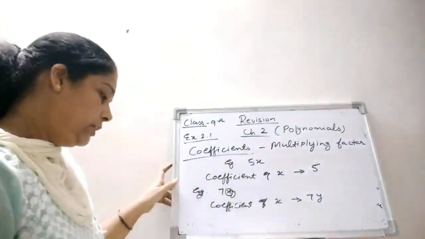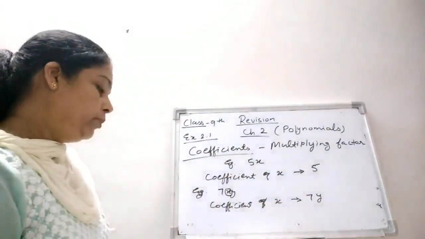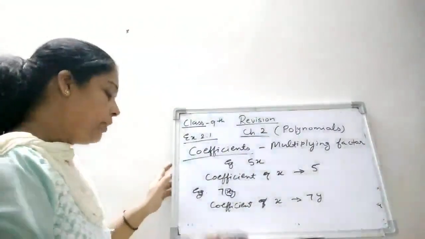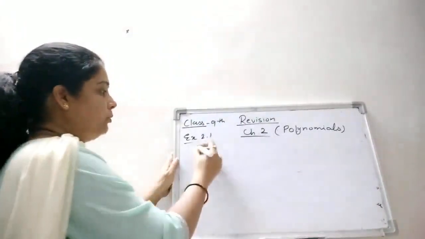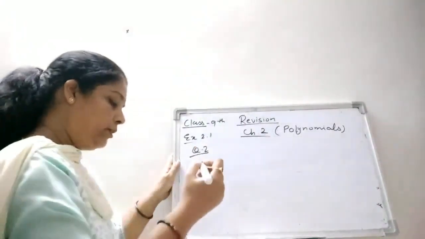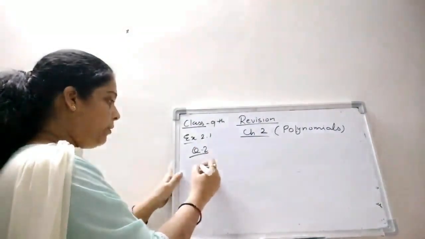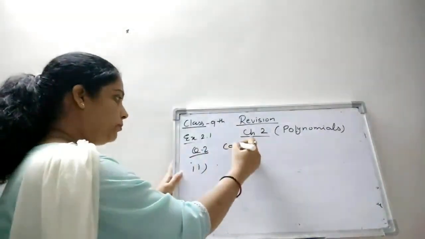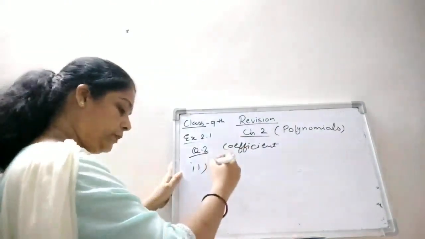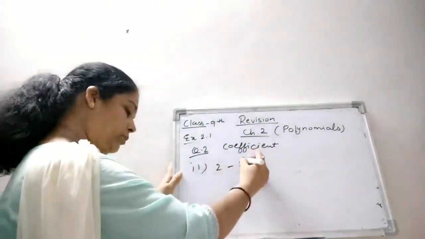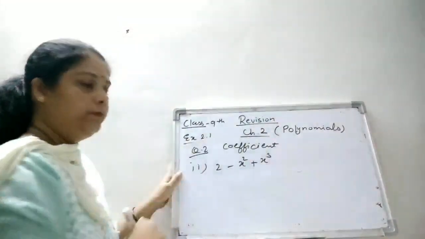Now one question is there in your book. Question number 2. Write the coefficient of x square in each of the following. You have to find the coefficient. I am taking your part number 2. Minus x square plus x cube.